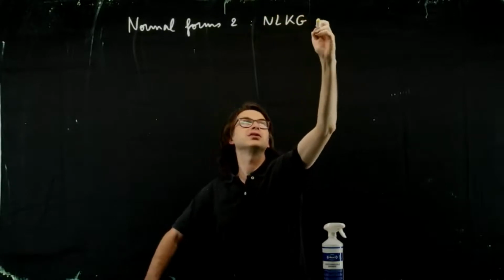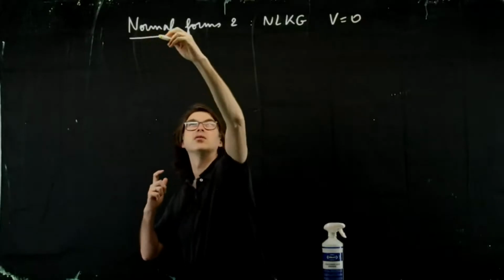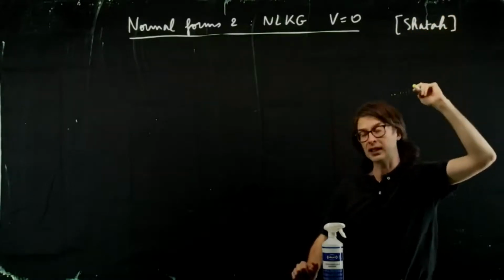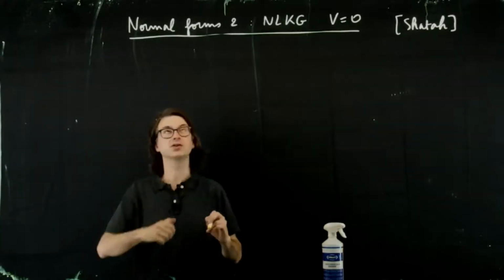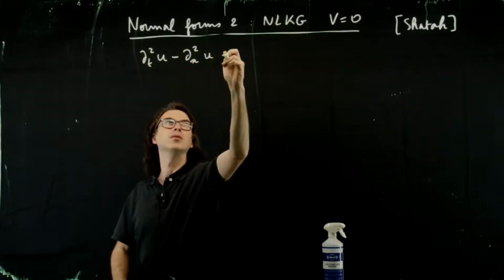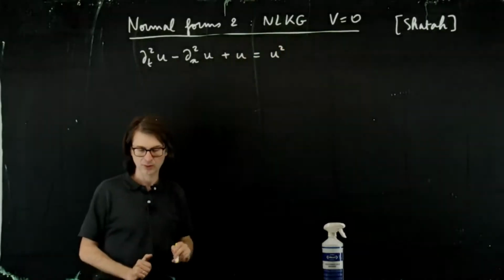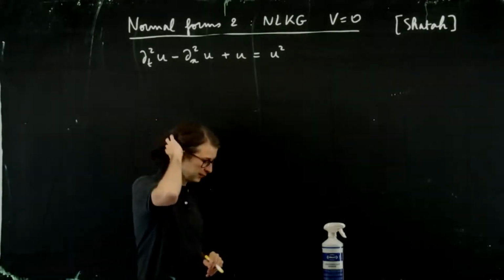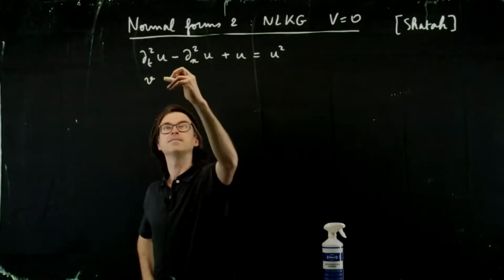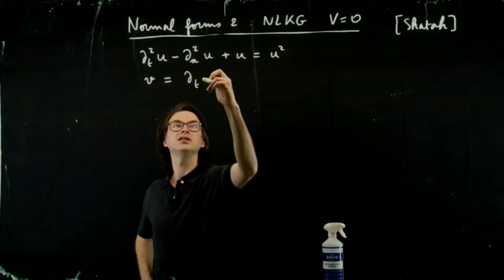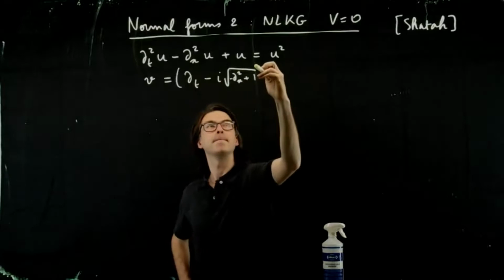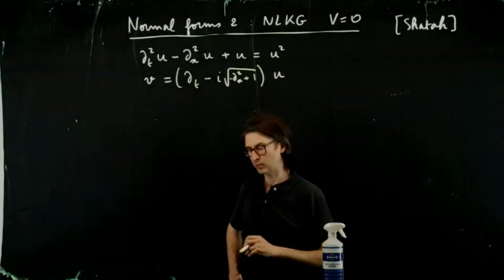Let's look at the nonlinear Klein-Gordon equation in the case of a zero potential. And this is due to Jalal Shatah in the 80s. So let's look at this problem. For the moment, I leave the dimension unspecified. And so what you can do is you can define V. So this will answer the question of Paul, I believe. You can define V to be d_t minus i, to make the problem first order.